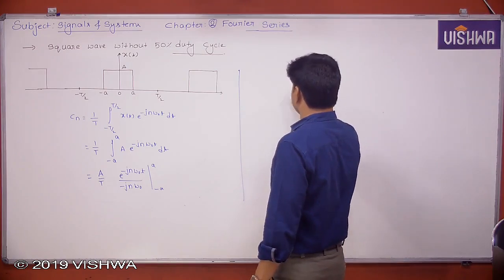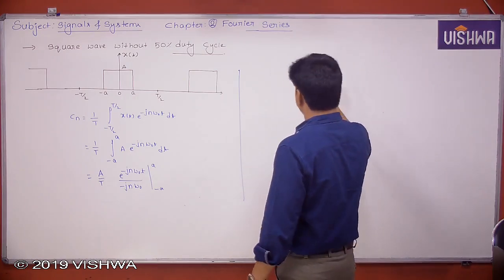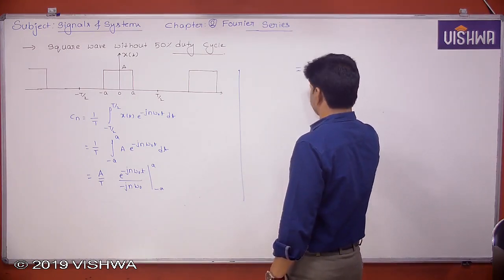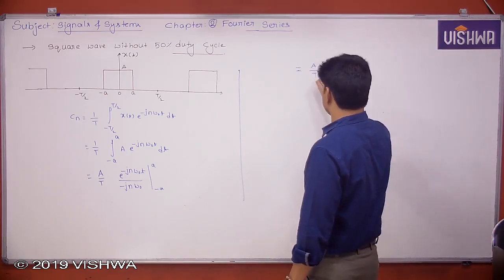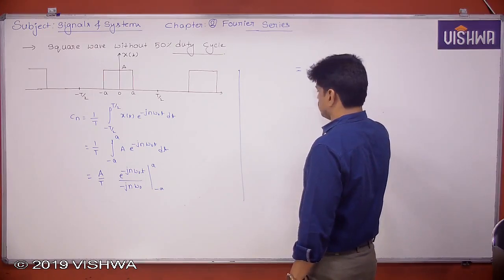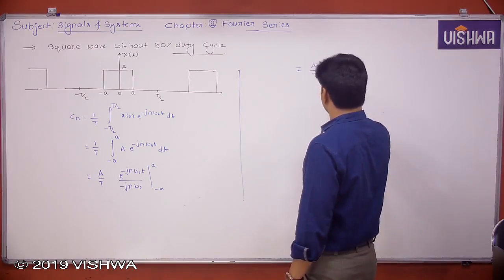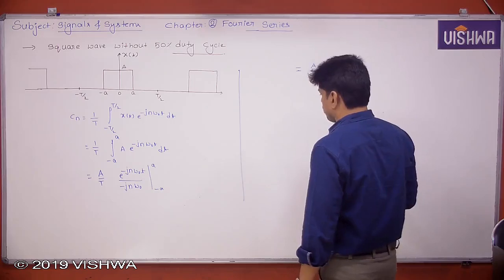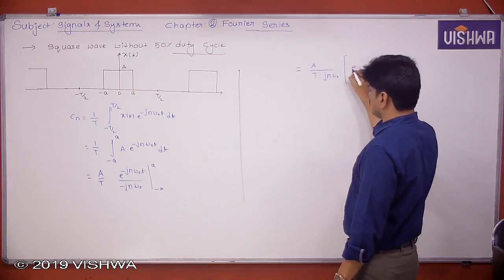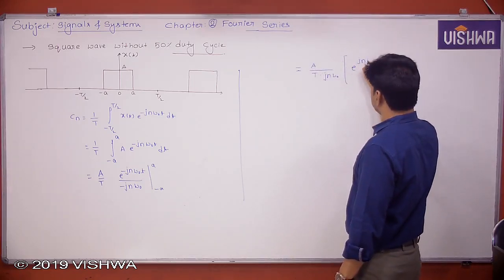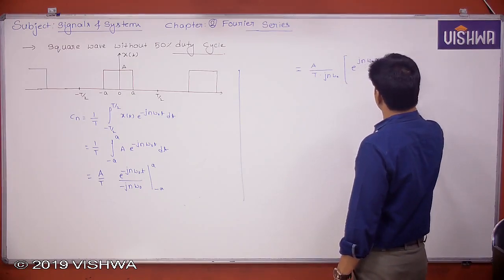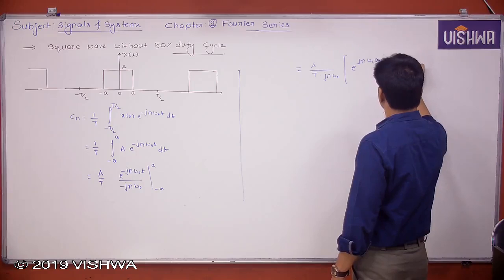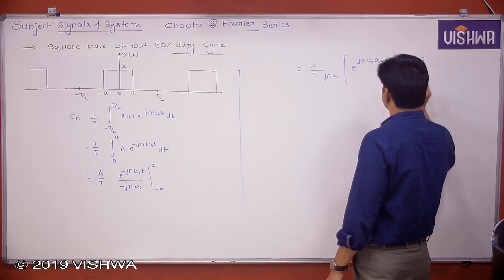That is equal to A by T. Because of the minus sign, I will apply the lower limit first. A by T into jn omega naught, if I apply the lower limit, this is going to be e power jn omega naught a minus e power minus jn omega naught a.